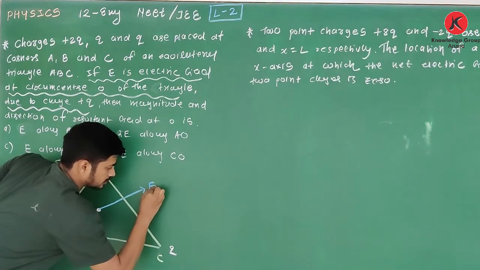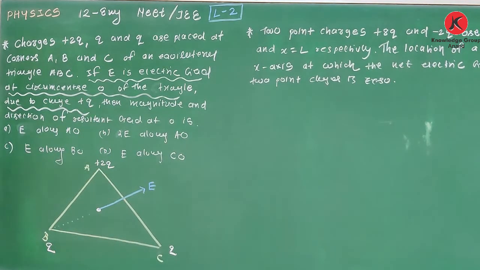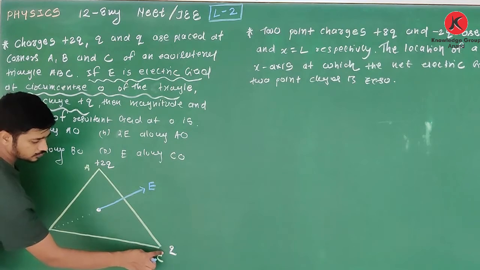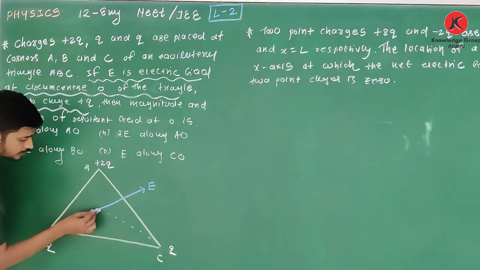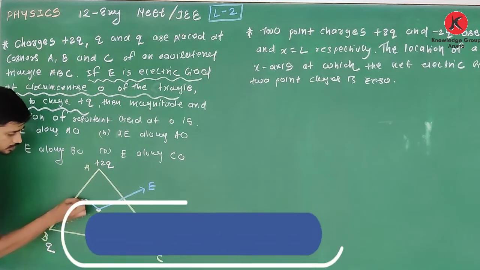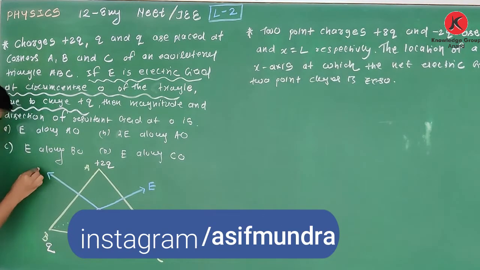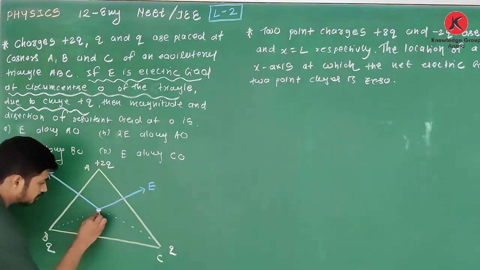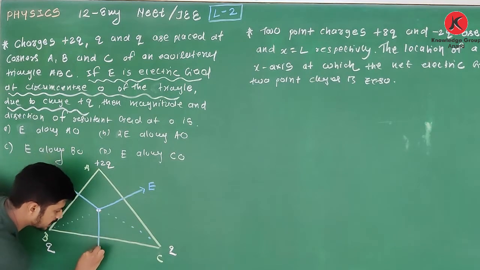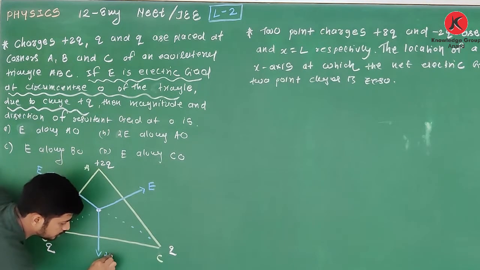So it is E. Due to the other q charge at the center, the direction is also away, because due to a positive charge it is away. Any doubt? Due to the 2q charge, in this direction, it is 2E.